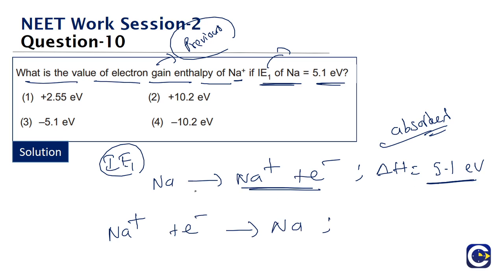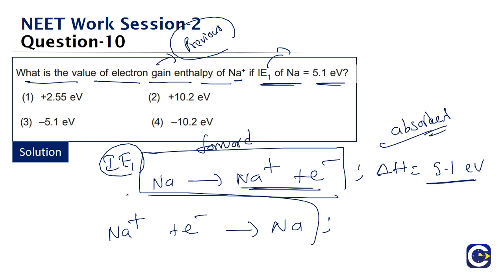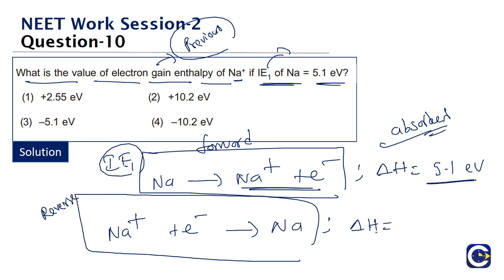In thermodynamics we will study this: if you have a reaction in one way, we call it the forward, and when you reverse the process, we call it the reverse. When you reverse a reaction, the heat exchange for the reaction becomes the negative of the original value.